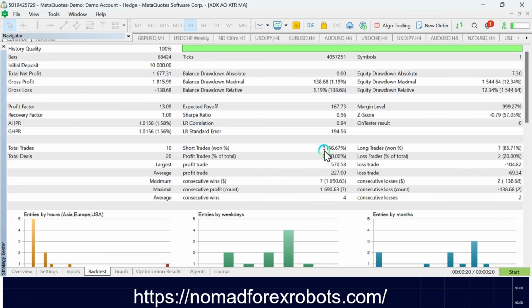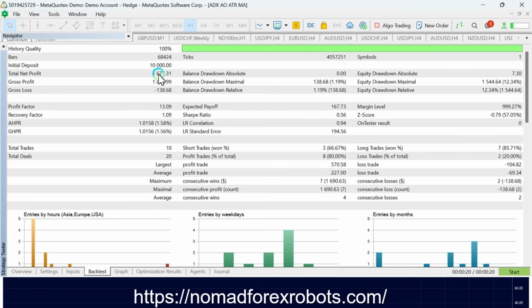So with this win rate and these risk to reward ratios, it seems like the strategy was precise enough to only pick up the trades that were quite profitable, and the drawdown is only 1%.